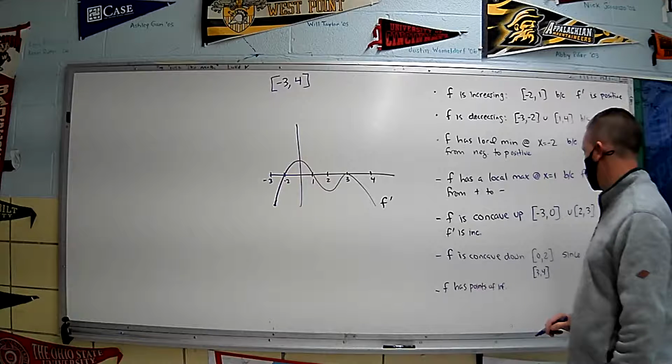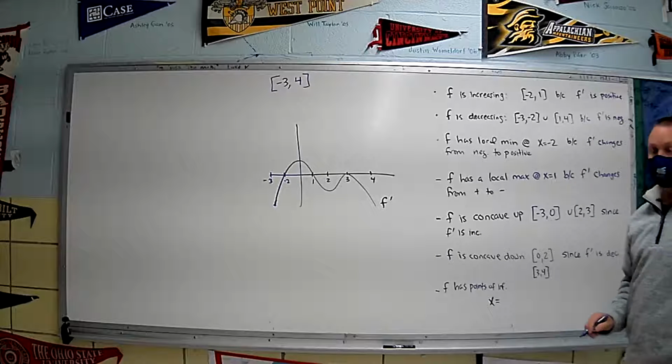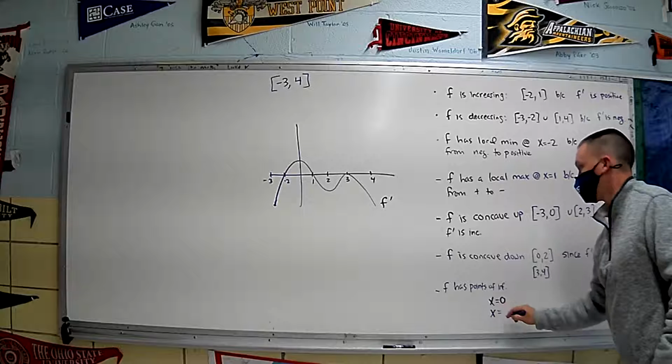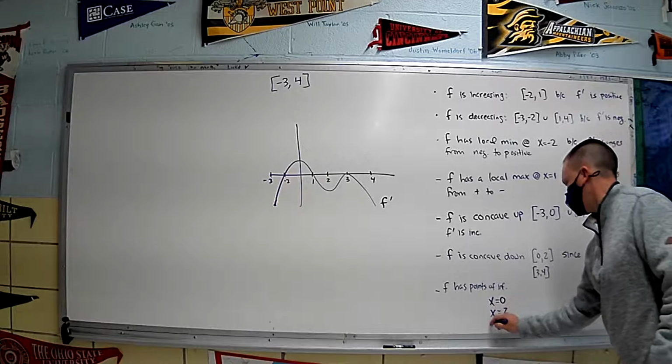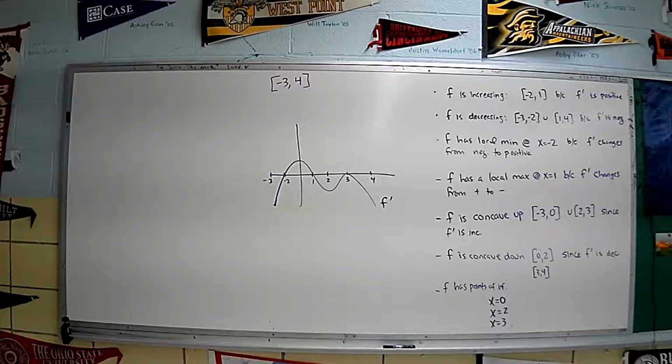At where? X equals 0 and 2 and 3. Because that's where F is going to switch concavity, right?